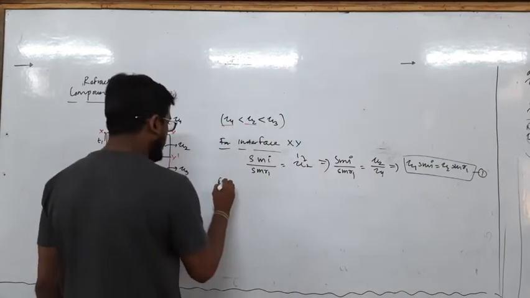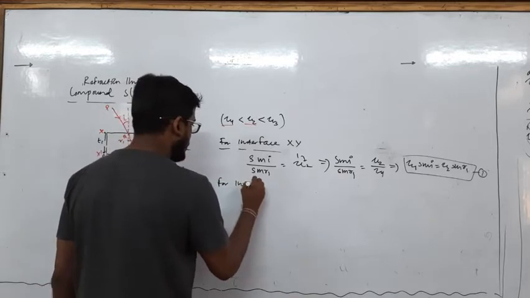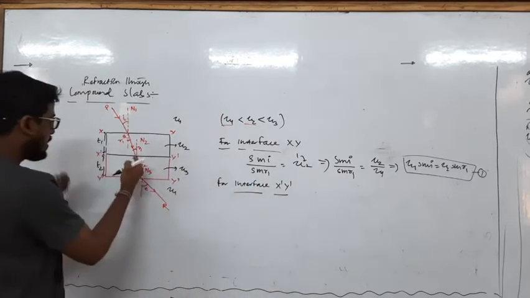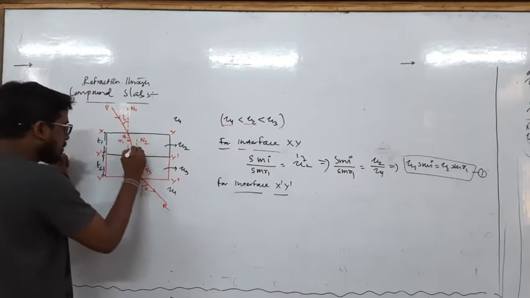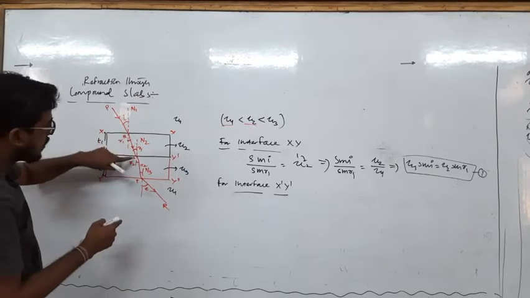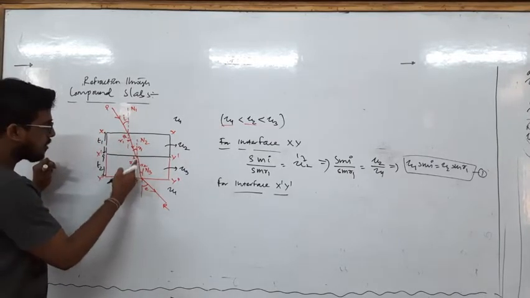Similarly for the second interface x dash y dash, at this place this angle is R1, so this angle is also R1. Here the angle of incidence will be R1 for the incident ray QS, and the angle of refraction will be R2.